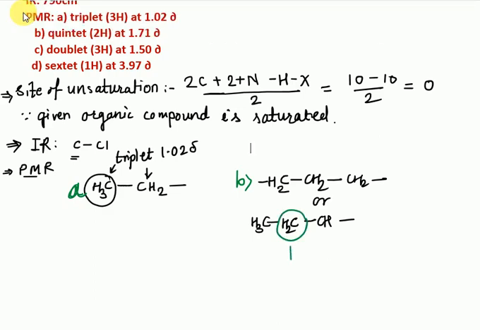If this CH2 shows the quintet at 1.71 delta value, there is no proof from the PMR data for the existence of a CH2 group with three neighbors.